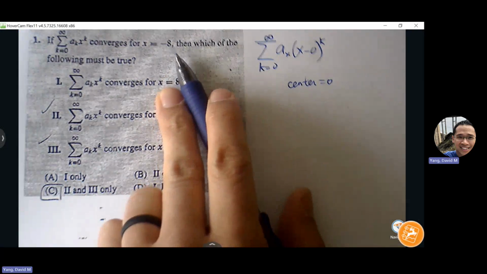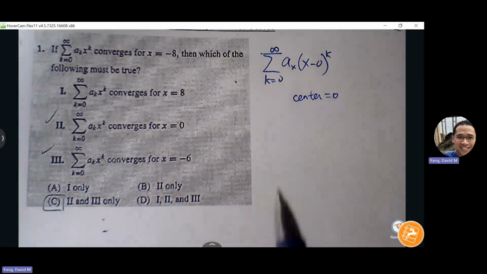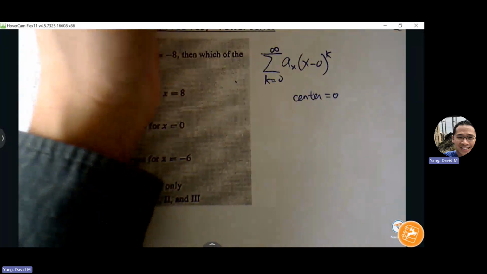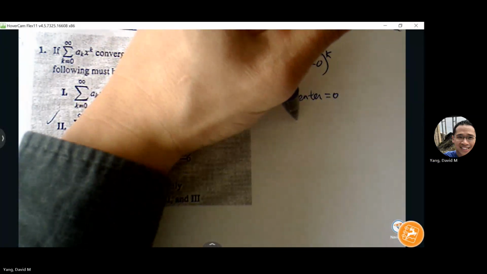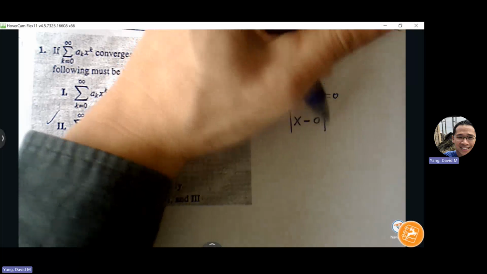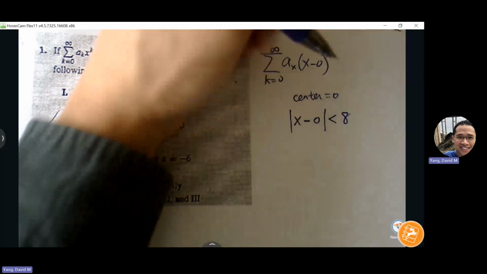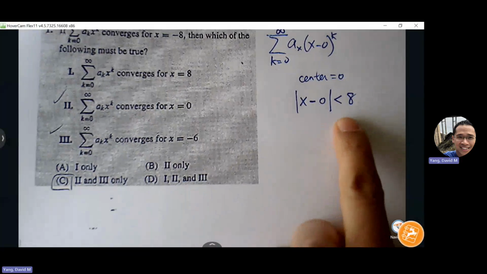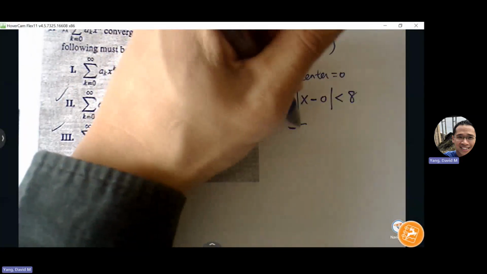It does converge for -8, so the radius is going to be at least 8, right? So we know that our radius of convergence is going to be |x - c|. It's at least going to be this, right? Which means that it's going to be between -8 and 8.